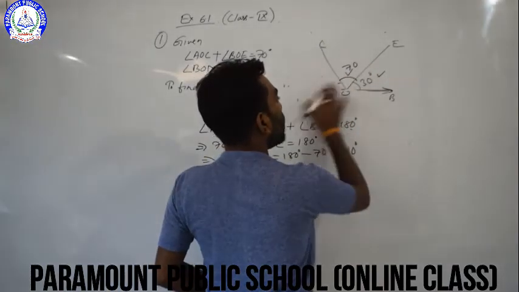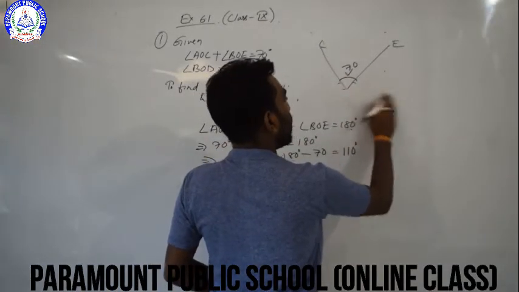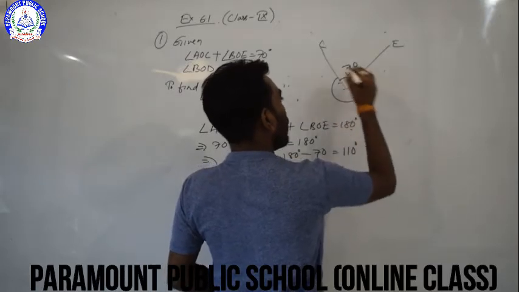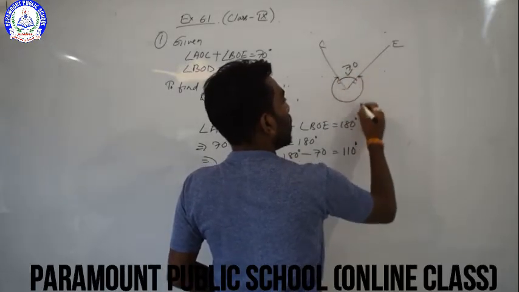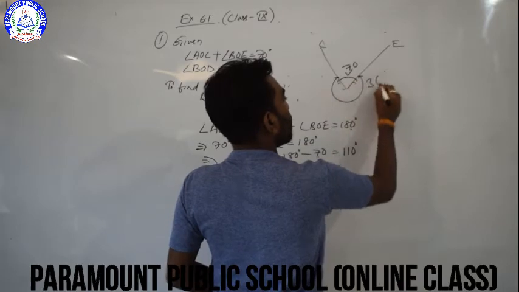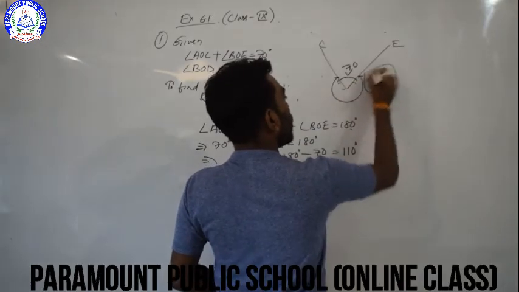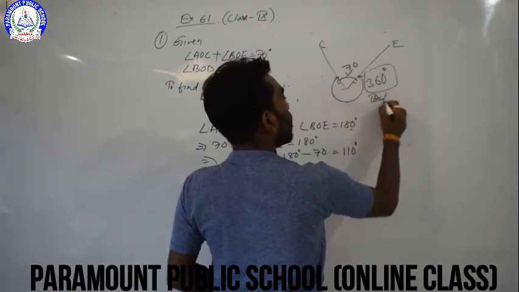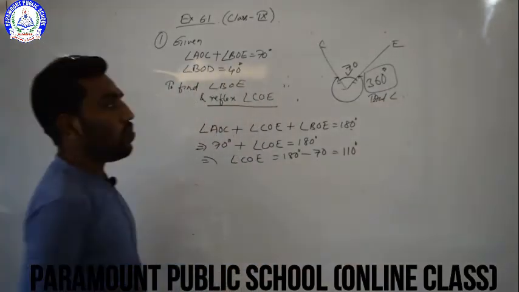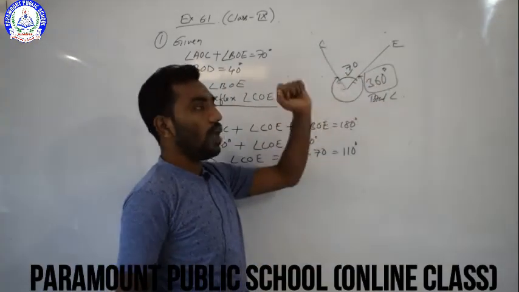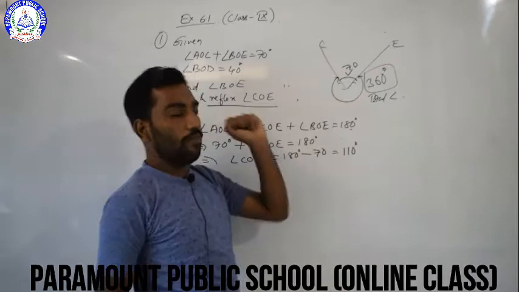Now what we have to find? We have to find the reflex angle. So reflex angle is nothing but this complete angle. So we know total angle is 360 degree. This is our total angle. So if I subtract this from the total angle, I will get the entire part.